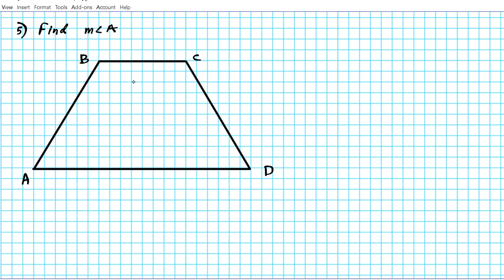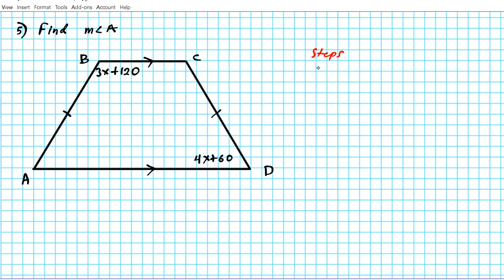And then the measure of angle B is 3x plus 120. And then the measure of angle D is 4x plus 60. And of course, this is an isosceles trapezoid. The legs are congruent and the bases are parallel. Okay, so we're looking for the measure of angle A. It's going to be a multi-step process for this one. So let's outline what the steps are.